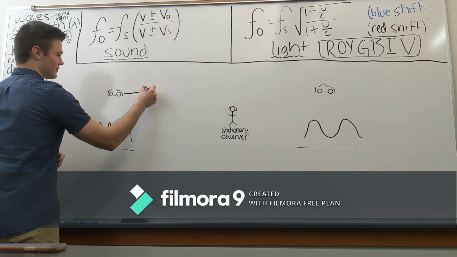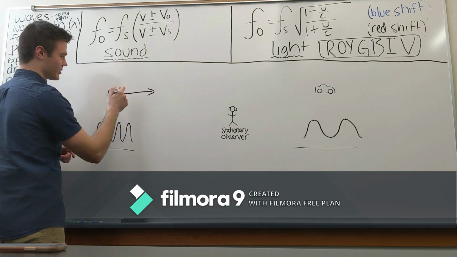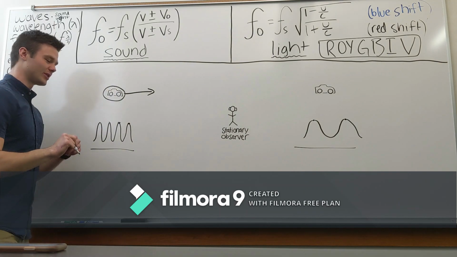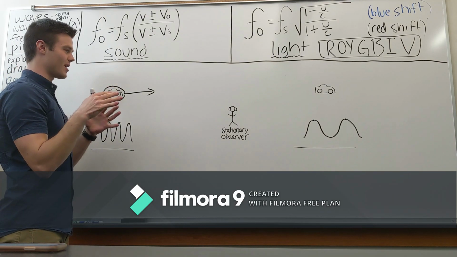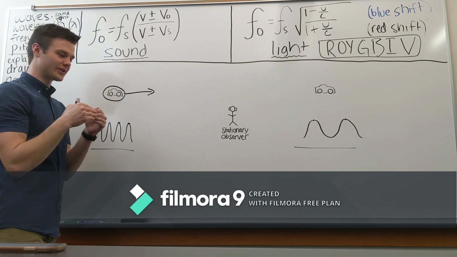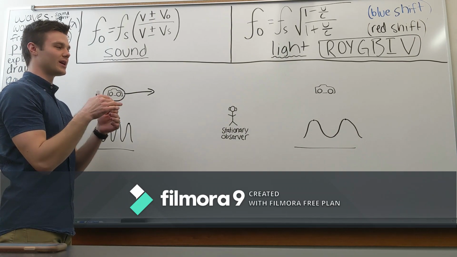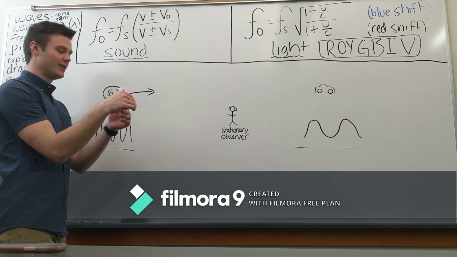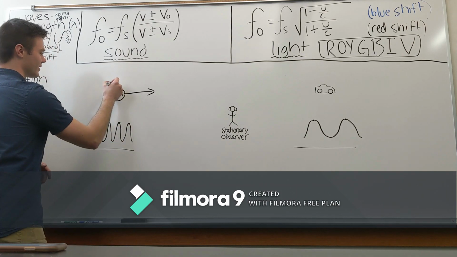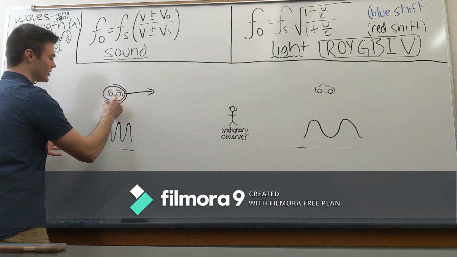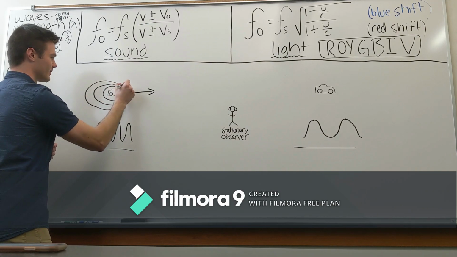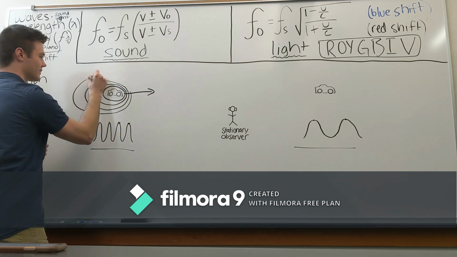And so when the car's moving, it'll let out a wave of sound, and since it's moving towards the observer, it's going to be closer to the crest of the wave that it let out in the direction of the observer than it is to the crest of the wave that it let out behind it. And so the waves appear to be something more like this.